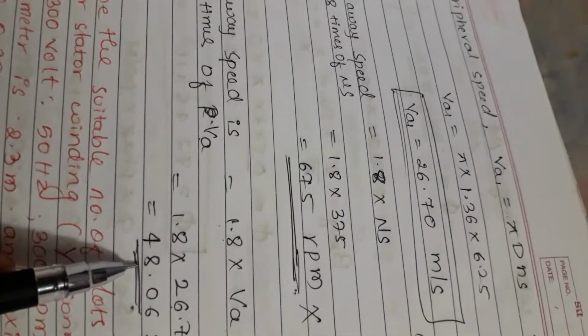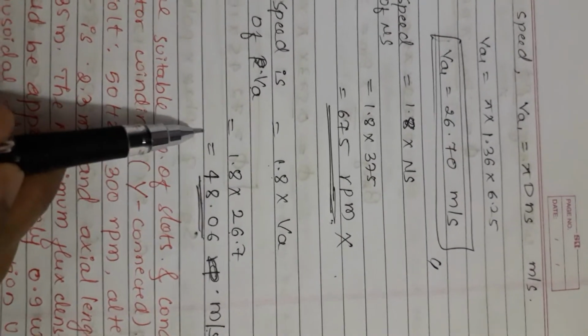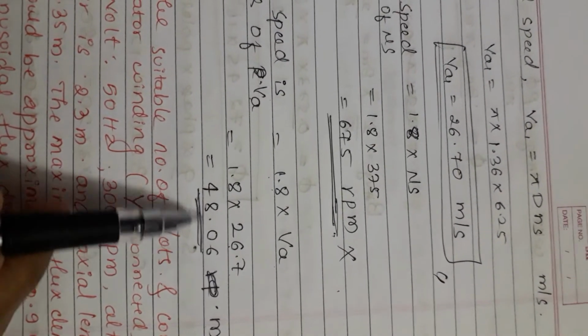So this runaway speed is within the limit that has been given, which is 50 meters per second. So we got 48.06, which is within this 50 meters per second.